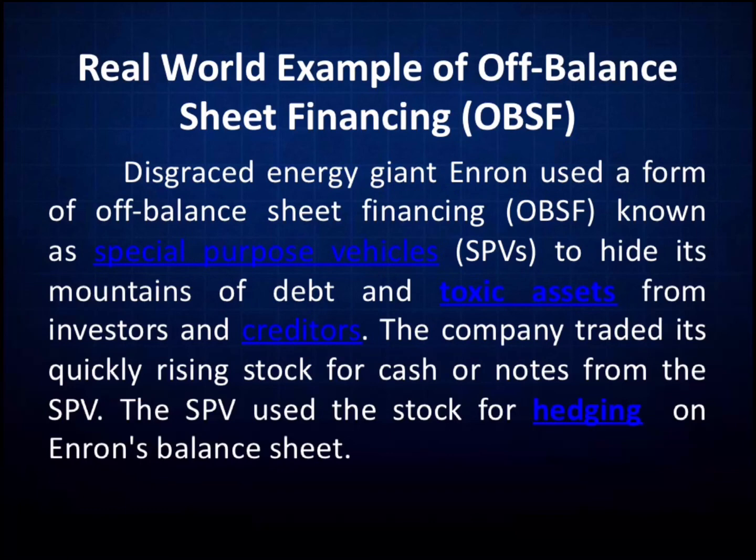The energy giant Enron used a form of off-balance sheet financing known as Special Purpose Vehicles, or SPVs, to hide its mounting debt and toxic assets. So what is a toxic asset? A toxic asset is a financial asset that has fallen significantly in value and for which there is no longer a functioning market.